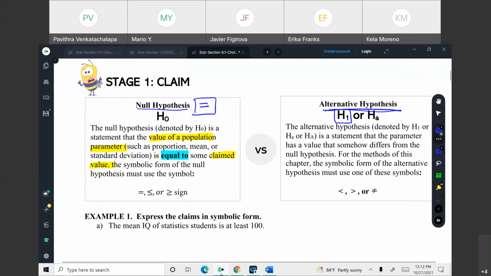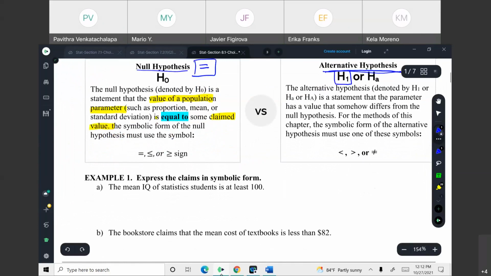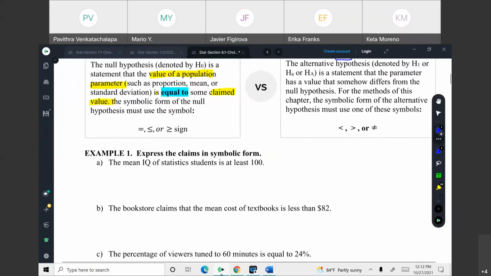Null hypothesis has only one sign, equal to. Alternative hypothesis has 3 signs. Okay, remember this. Now, let's do one example.